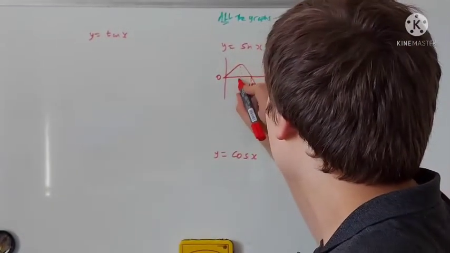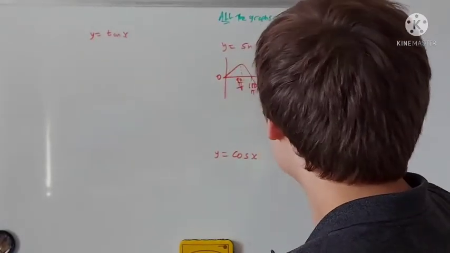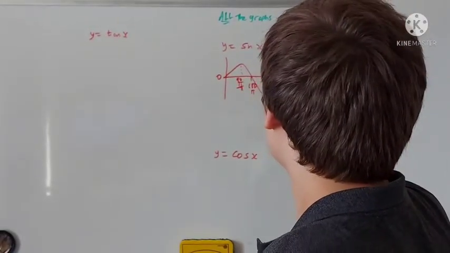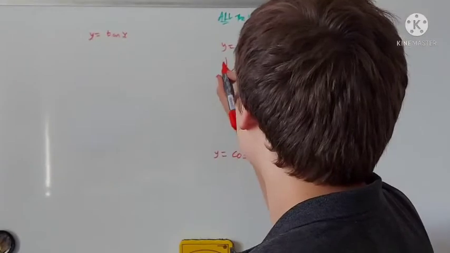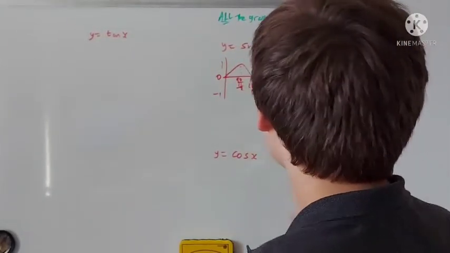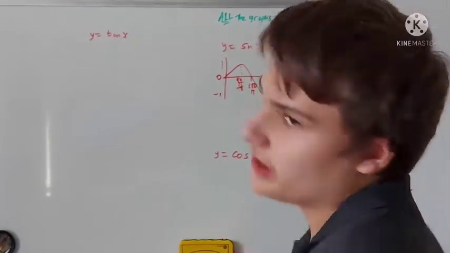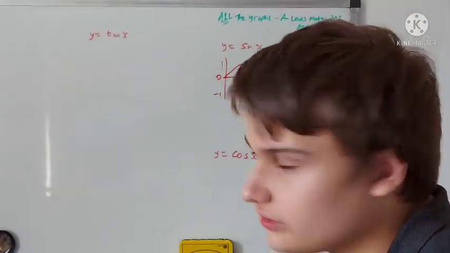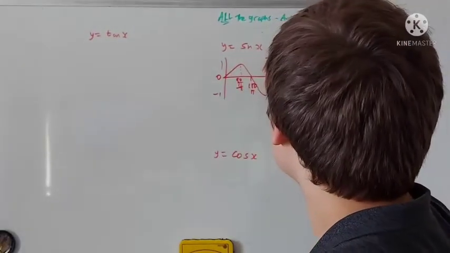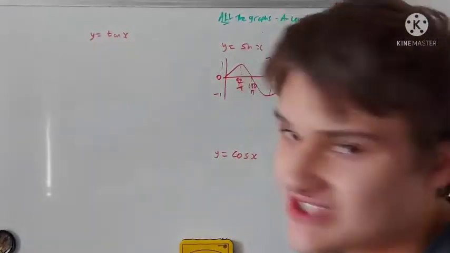Here is 90 or pi over 2, 270. That's minus 1, of course. Sure, write those. And up here is 360 degrees or 2 pi radians. And 270 is 3 pi over 2. Okay, so that's basic sine x.